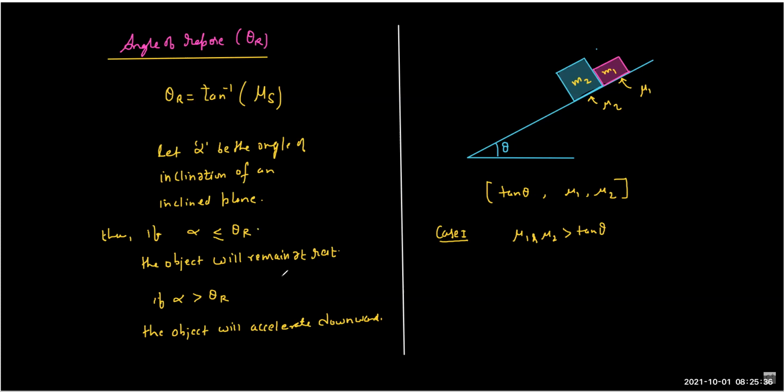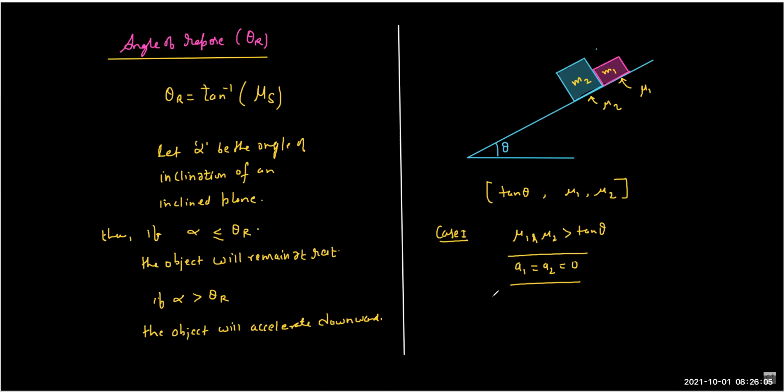Now if mu1 and mu2 are both more than tan theta, we can say acceleration of 1 and 2 equals 0. Because the repose angle has not been exceeded, motion cannot begin.